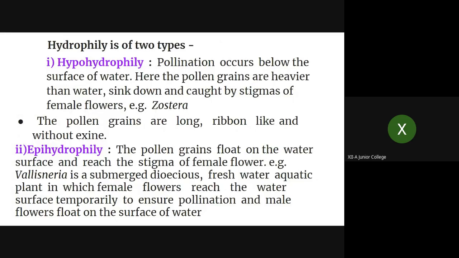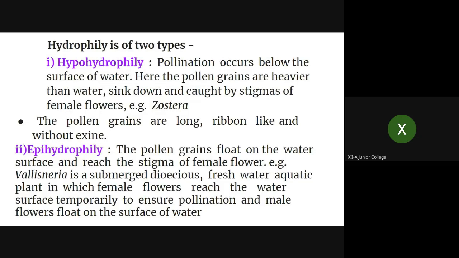And at the same time, when the female plants or female flowers grow below the water, the stigma of the female flower catches the pollens, because these pollens are heavy, and then the pollination takes place.